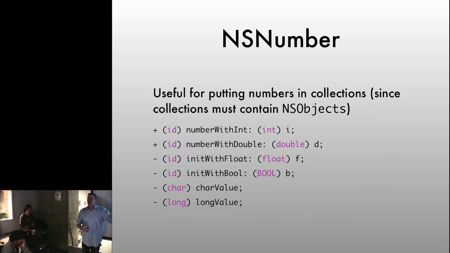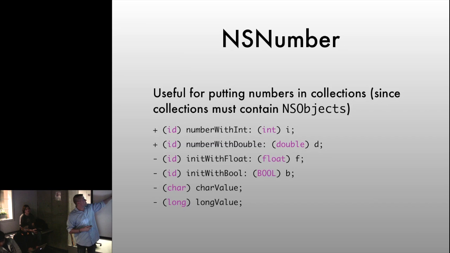So NSNumber is the way that you wrap native types, native numbers, into objects that can be used for keys or for any other messages that require objects as parameters. It's number with and then the type.